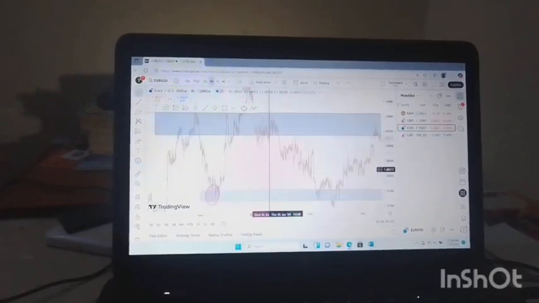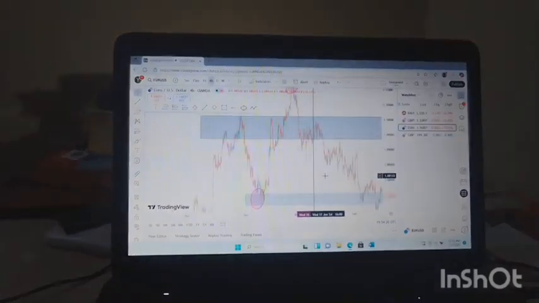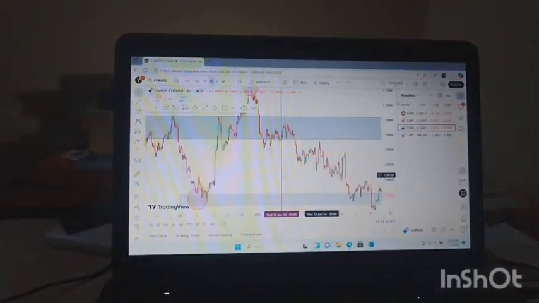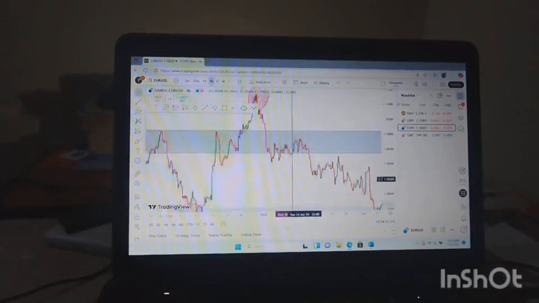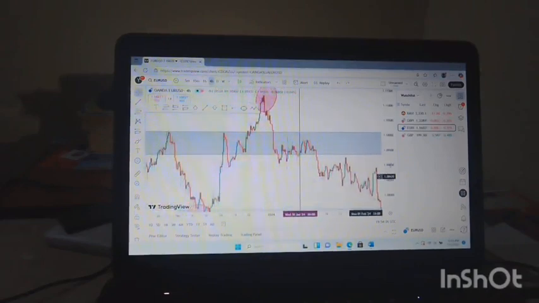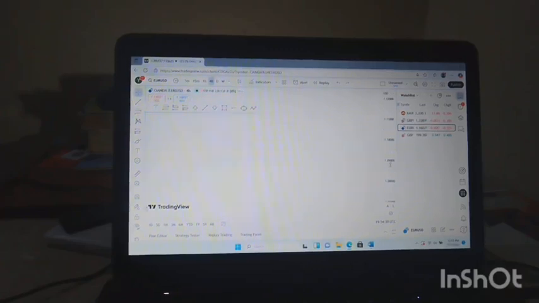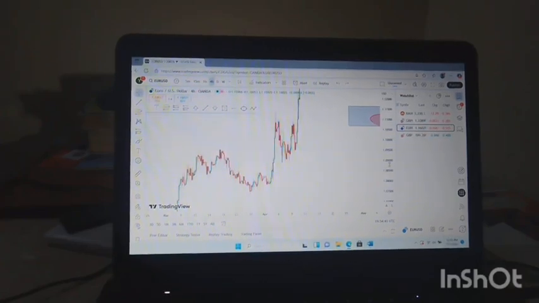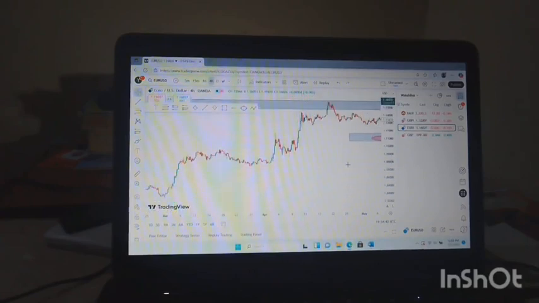According to our entry, the market is supposed to give us a bullish momentum, not a bearish momentum.